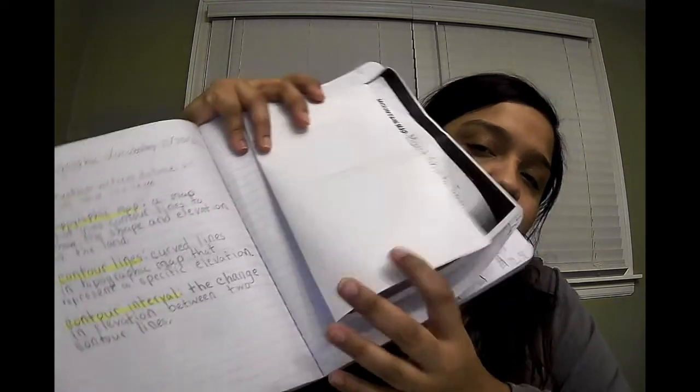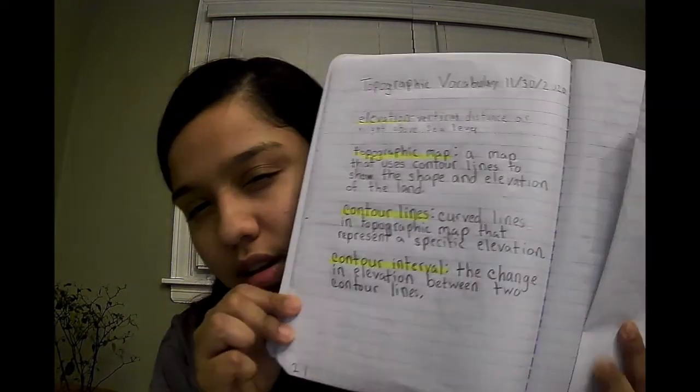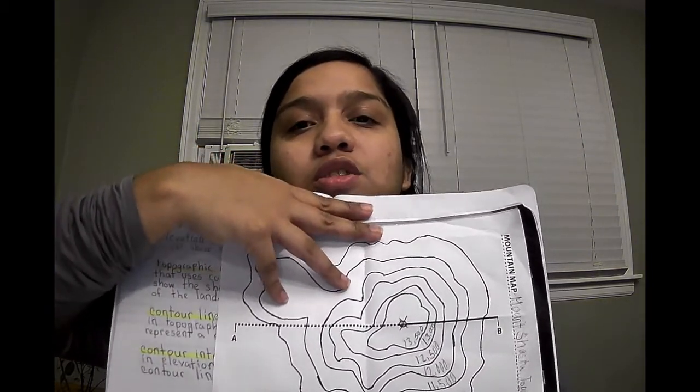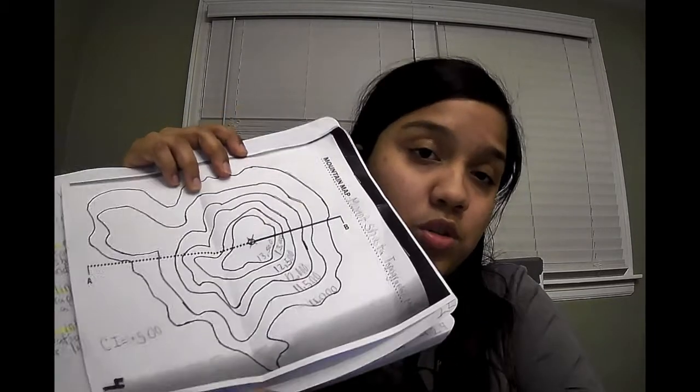And then on page 21, you have your vocabulary. In page 22, you can open it up and see your topographic map. If you don't have a stapler or a glue or something to hold it down, just fold the page down and hold it in page 22.